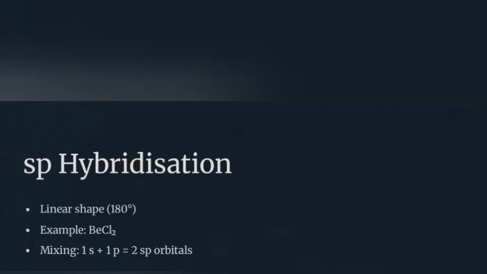In that normal carbon, we have one s orbital in the energy level of 2, and we have 3 p orbitals in the energy level of 2.